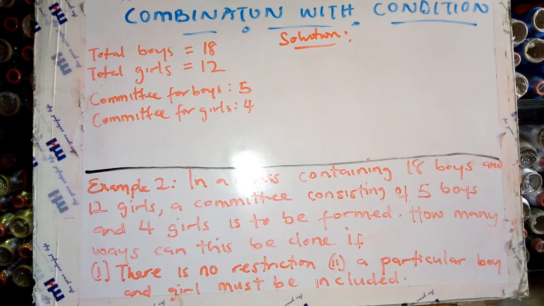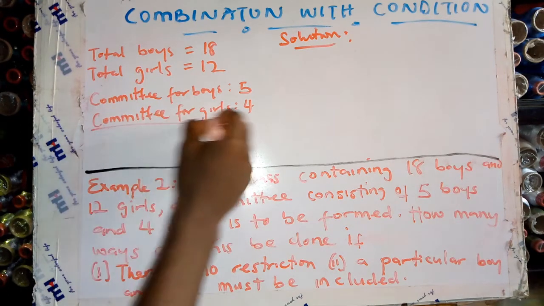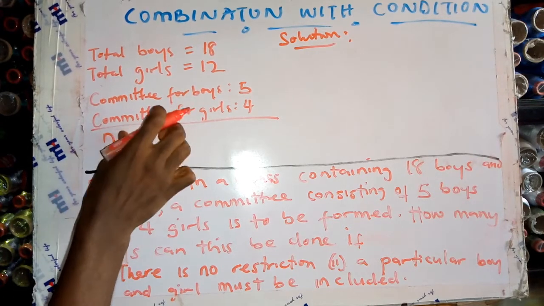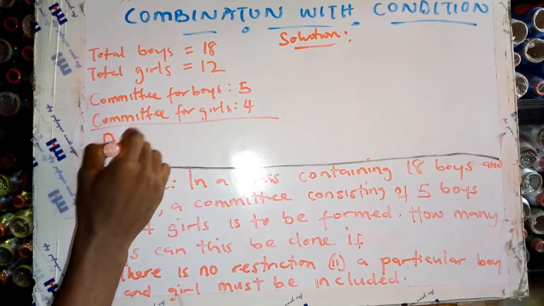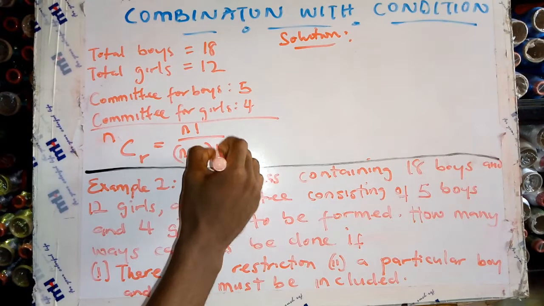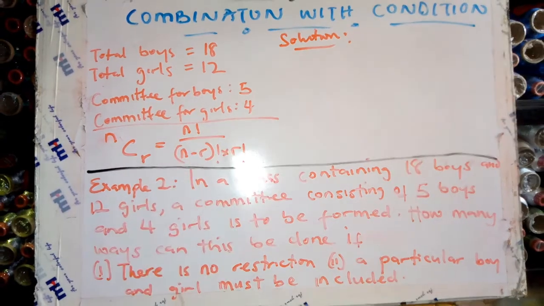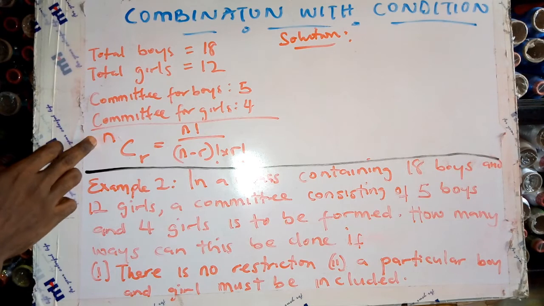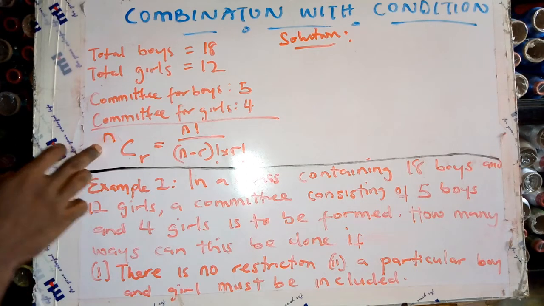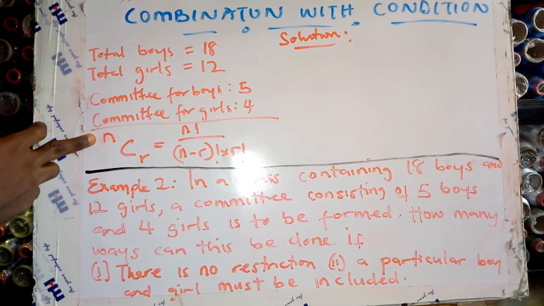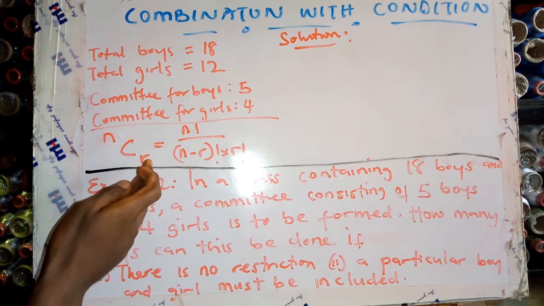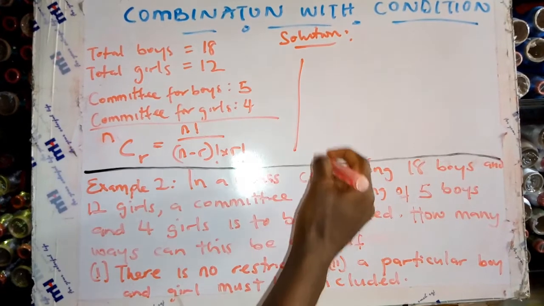Don't forget the formula when we are dealing with combination: nCr equals n factorial over n minus r factorial times r factorial, whereby n represents the total number of objects or elements in the set, while r is the total number of objects to be chosen. I talked about this in the previous part, but let me just write it here.